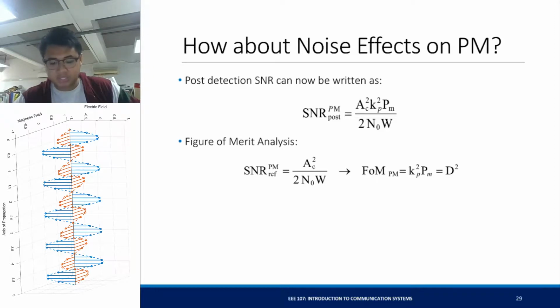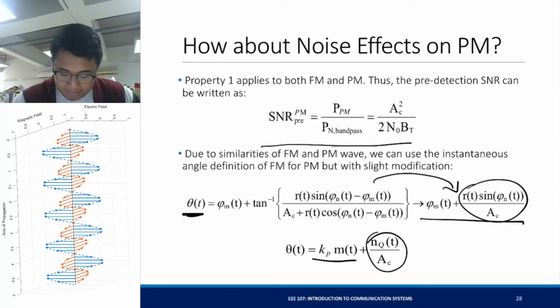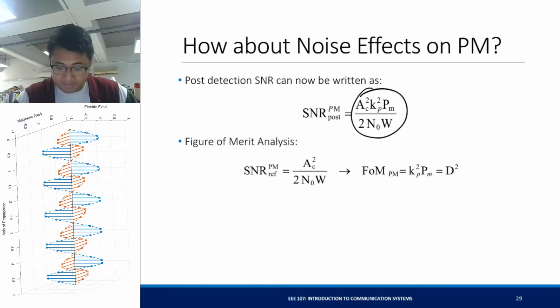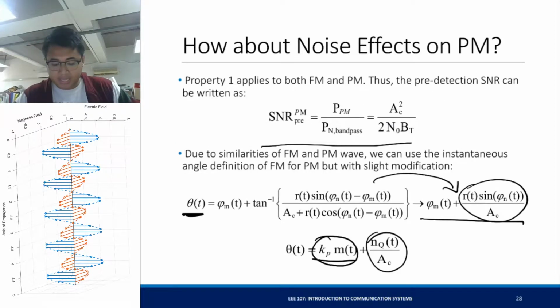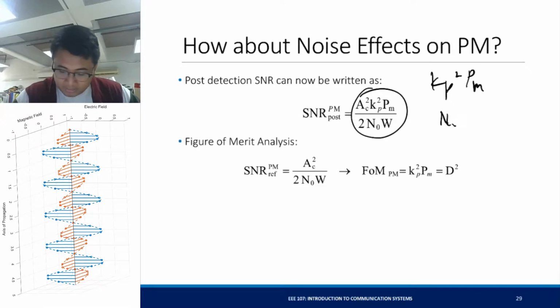The post-detection SNR is equal to this. So it's the power of the message signal, Kp m of t, so that's Kp squared times the power of your message. And the noise power is equal to N naught W, divided by AC squared over 2 N naught W rather.